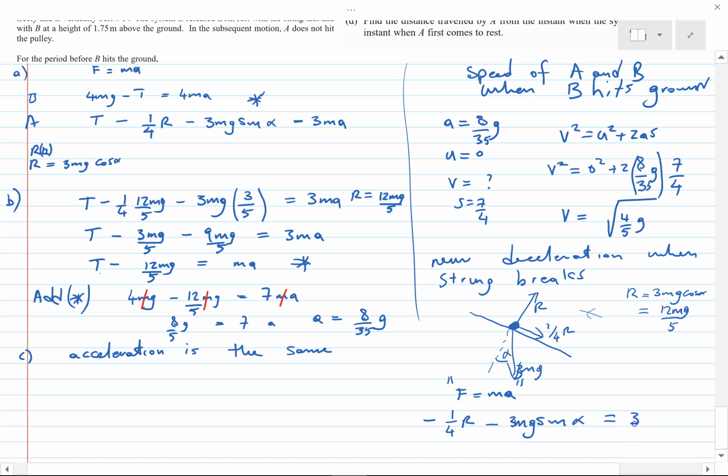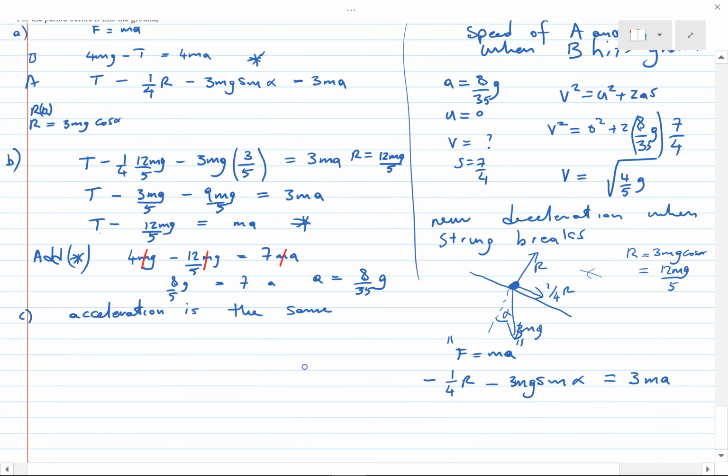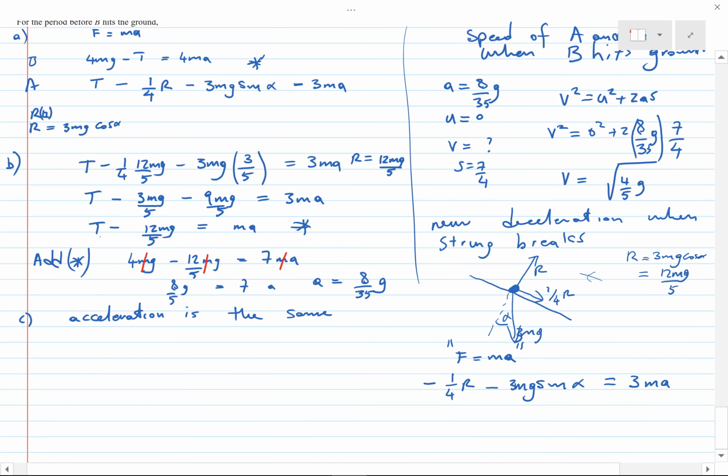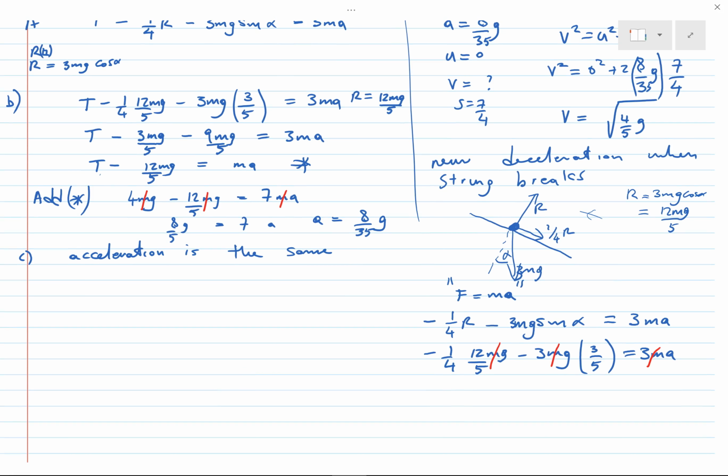So that equals 3ma. So that gives us minus 1/4 times 12mg/5 minus 3mg times 3/5 is equal to 3ma. M cancels again.